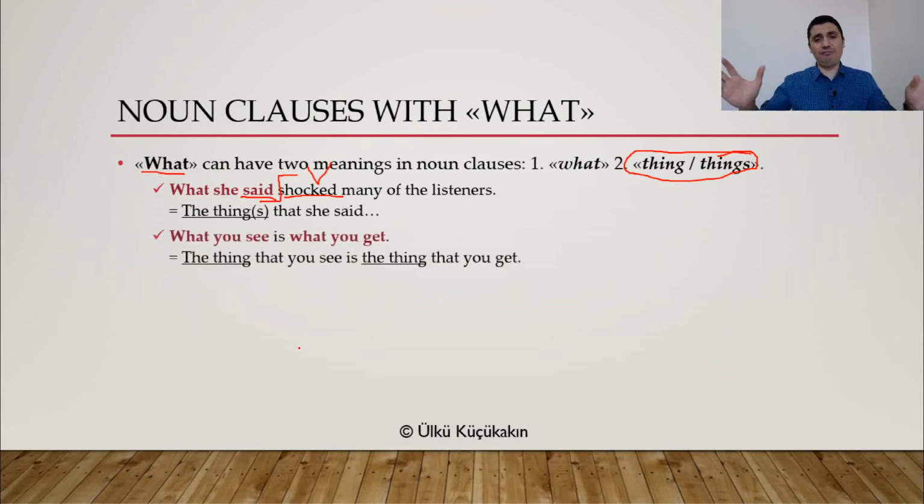Let's look at this one. Now, I love this example. What you see is what you get. Now, we have two noun clauses and one verb in this sentence, and that's it. So what you see is our noun clause. Is is our verb. What you get is our object.